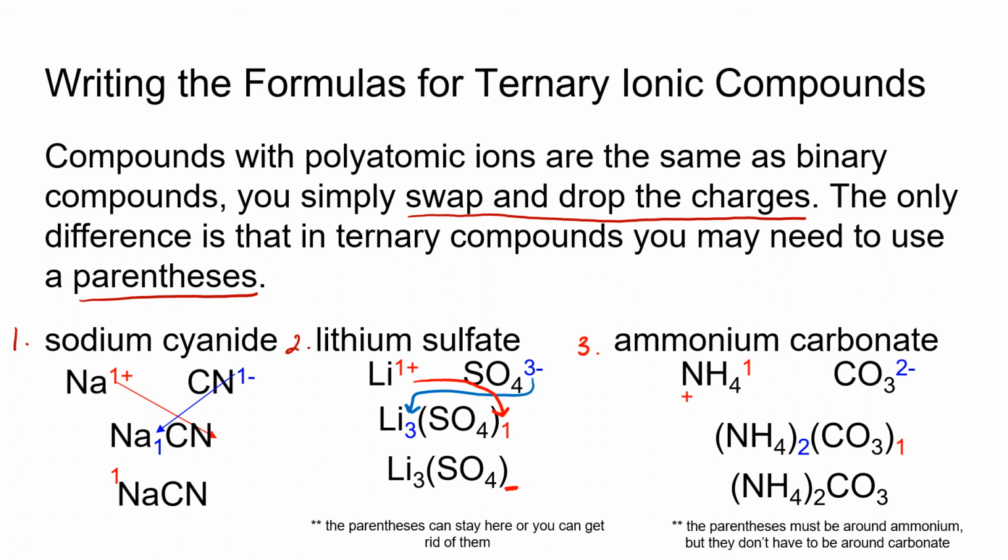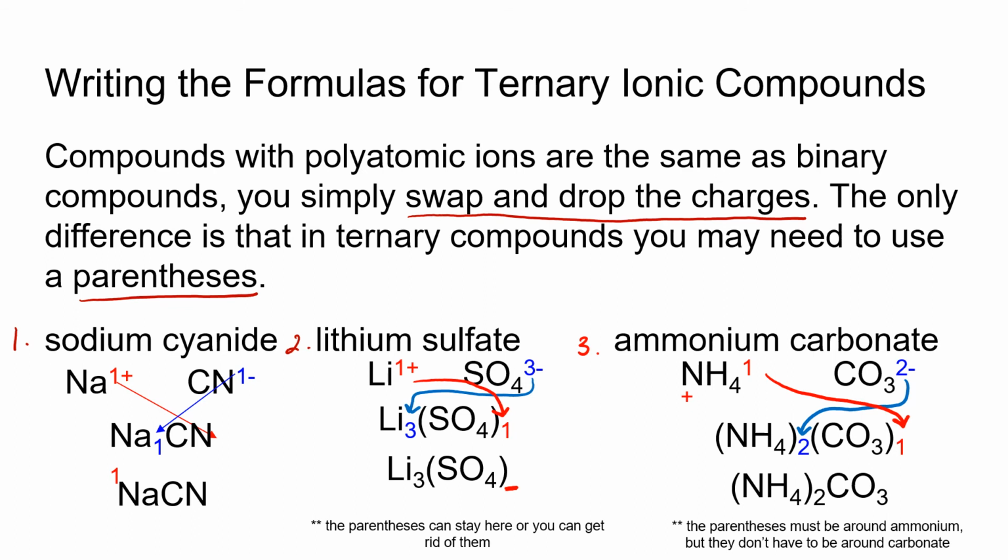So when we swap those charges, that 2 is going to become the subscript for the ammonium as a whole, and the 1 is going to become the subscript for the carbonate. Since we just need 1 carbonate, we don't need to include parentheses around the CO3 part of the formula, unless you want to. It doesn't hurt to include them.